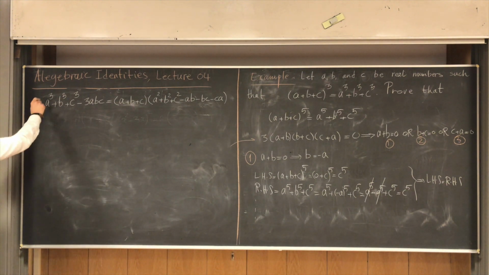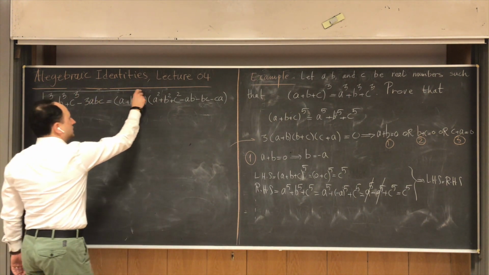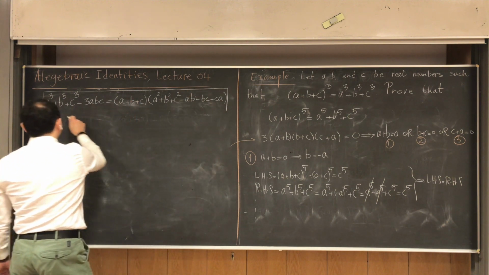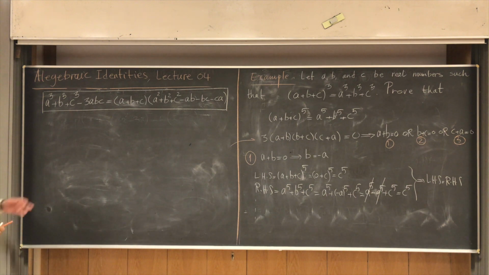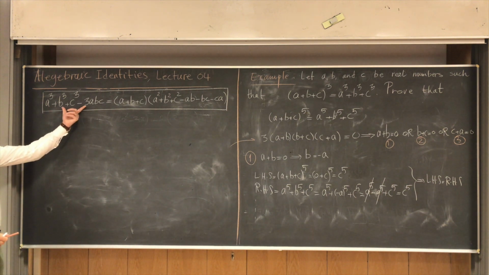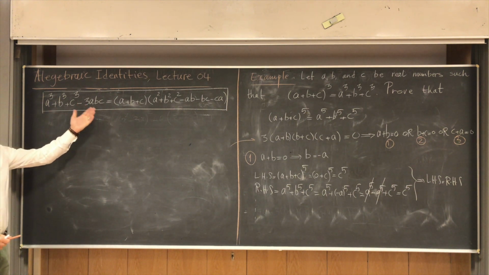So this is a very useful identity. So this means that if you want to write this expression as a product, this is the formula.